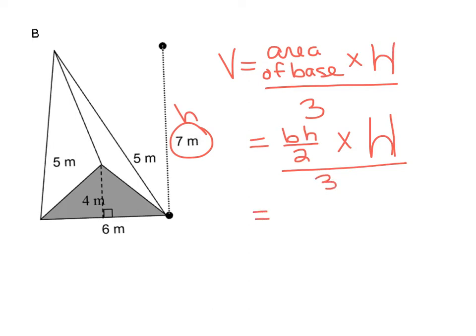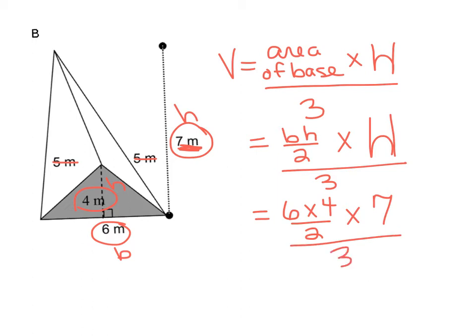So my base, this is B, this is 6, times the height of the triangle, that's this one, that's 4. I'm going to divide that by 2, and then I multiply that by the height of the pyramid, which is 7. Turns out I didn't need this 5 and this 5 at all. And then I'm going to divide that by 3.